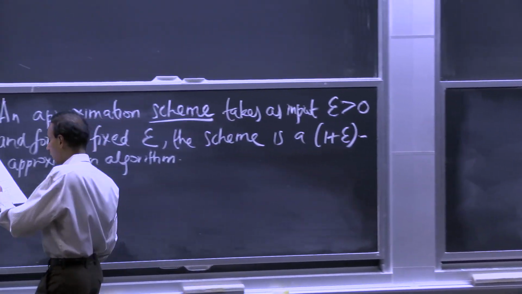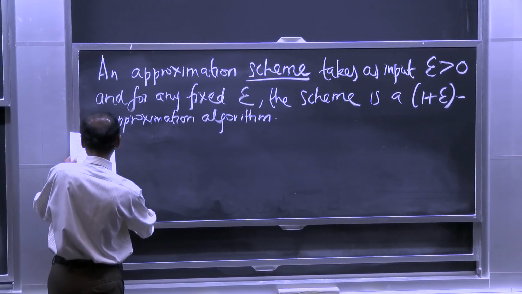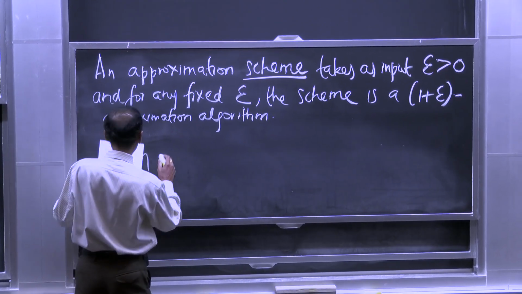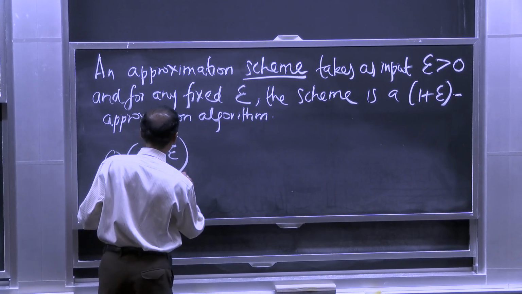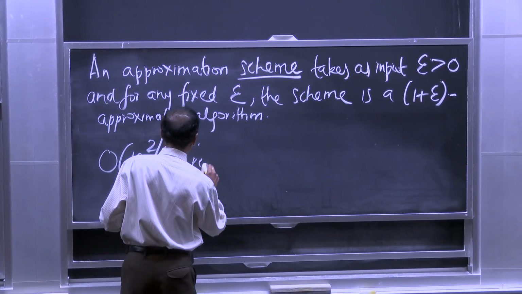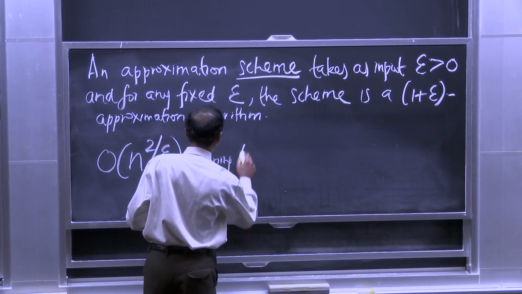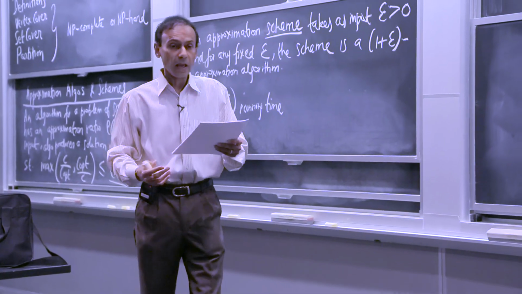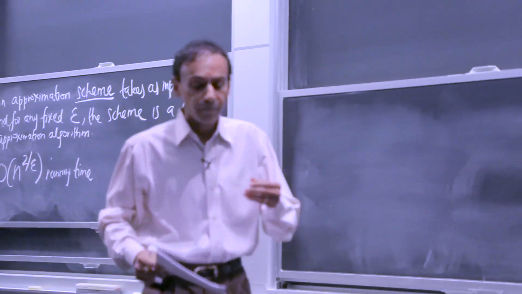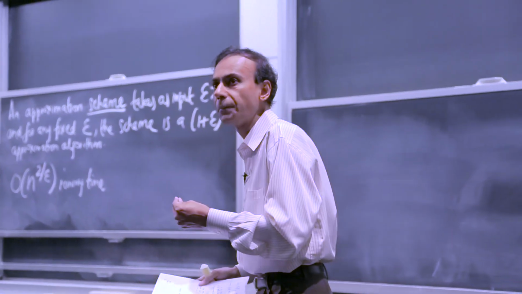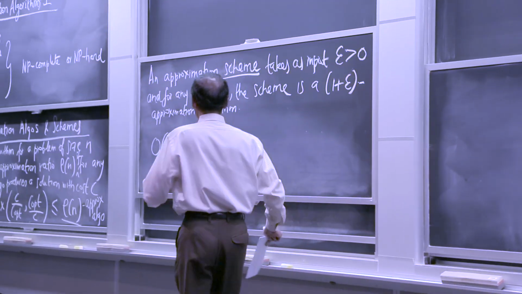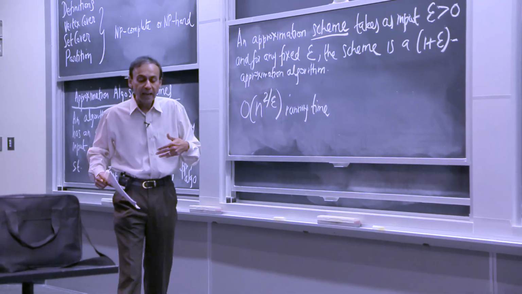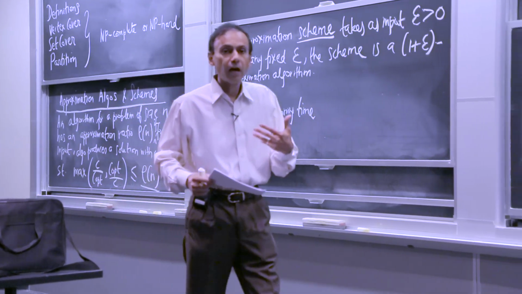So you might have a situation where you have order n raised to 2 divided by epsilon running time for an approximation algorithm. What this means is that if you're within 10% of optimal, then you're going to put 0.1 down here, and this is going to be an n raised to 20 algorithm.